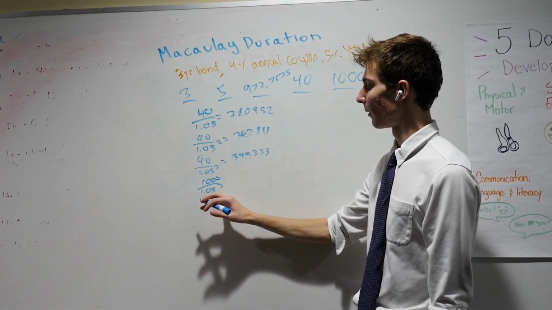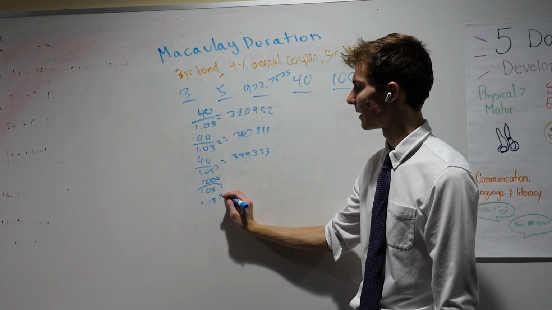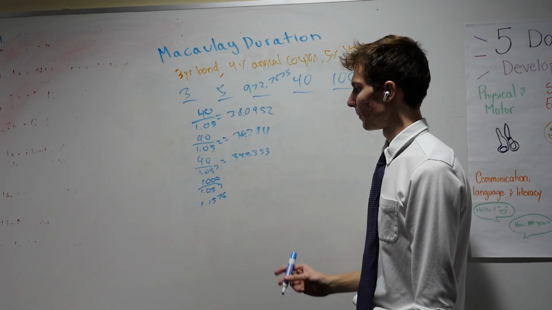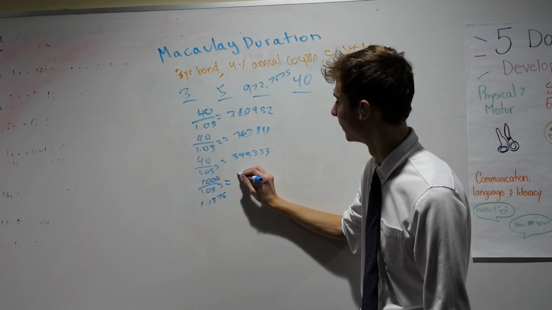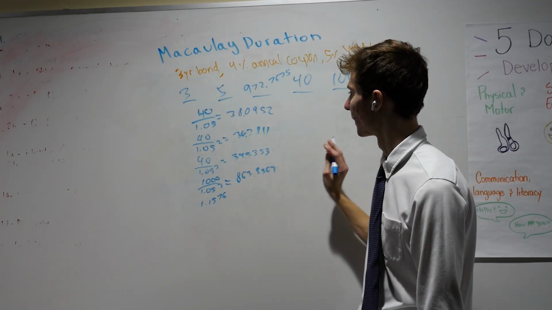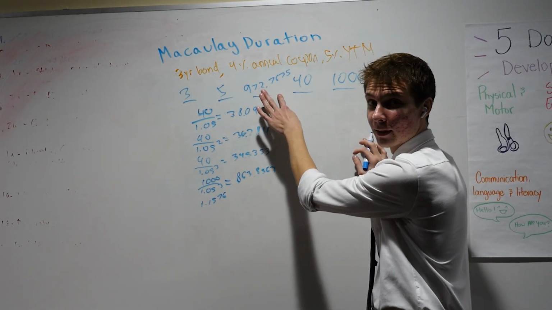So 1.05 to the third power, it's about 1.1576. So when you do that, you get 863.8563.